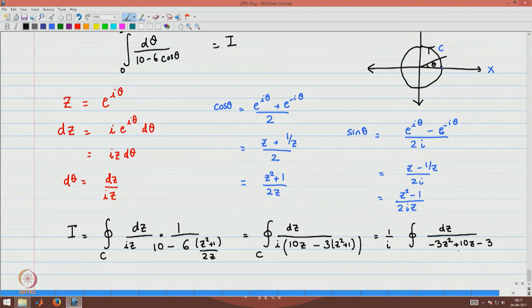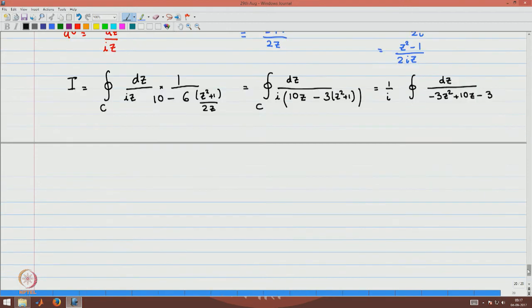What you need to do is write this in terms of partial fractions. In this case it is quite straightforward. So, I can write this in the following form: 1 over i, integral dz divided by −3z² + 9z + z − 3.